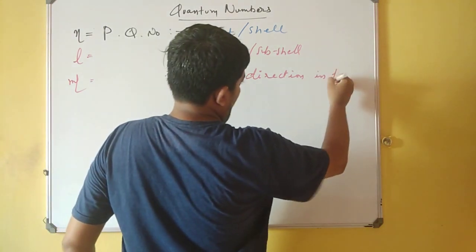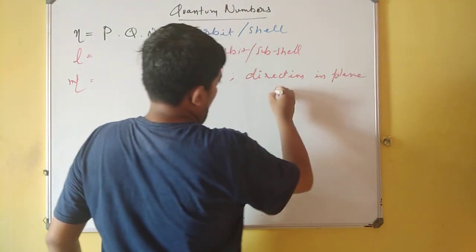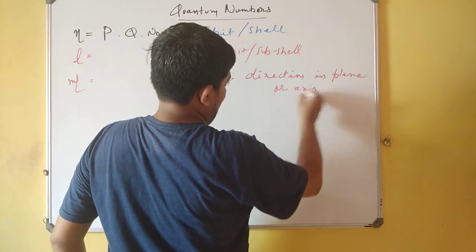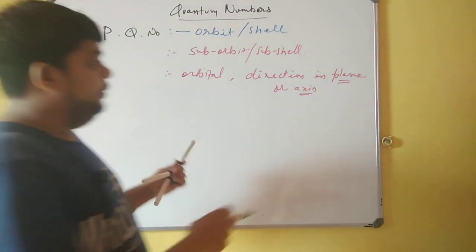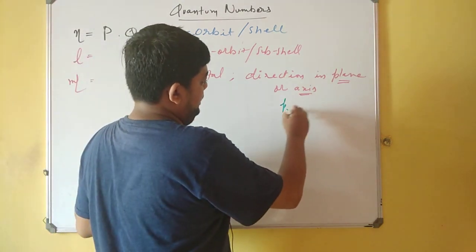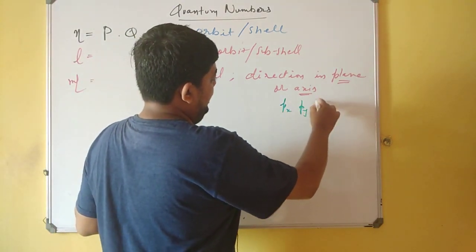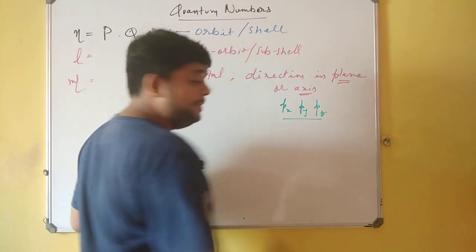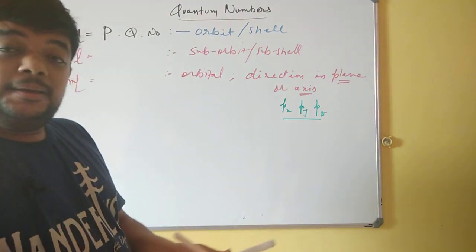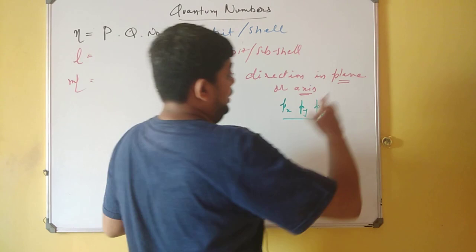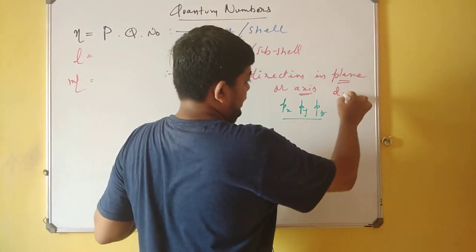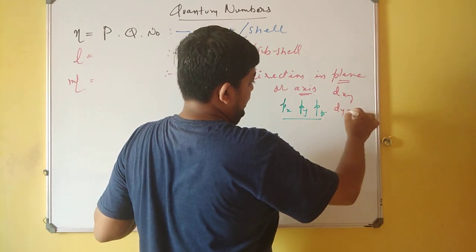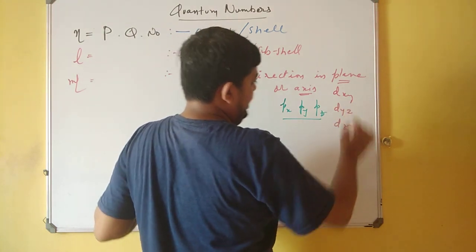direction in plane or axis. When I say axis, I always mean px, py, pz. But when I say plane, apart from that, we can add dxy, dyz, dzx.